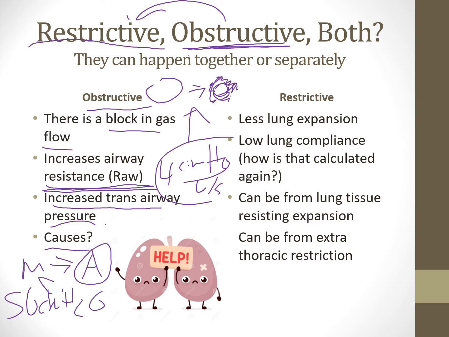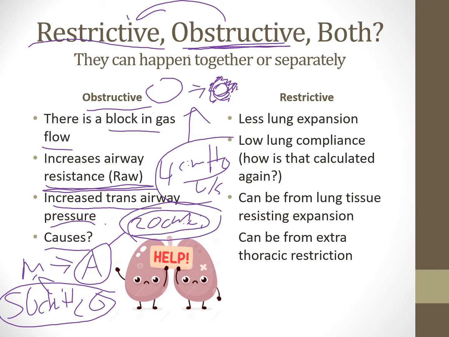That's a high pressure, but by the time we get to the alveoli, because there's so much that gets lost because of the radius of the lumen being small, we might only have 20 centimeters of water pressure that actually gets exerted on the respiratory zone, on the alveoli itself. So even though the pressure it took to deliver that breath was super high, the pressure on the actual respiratory zone itself is so low.